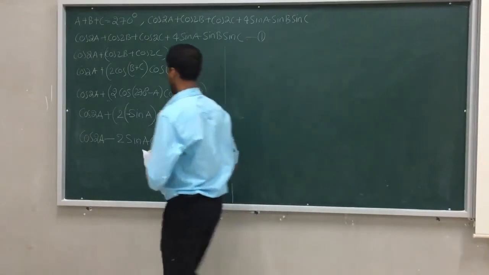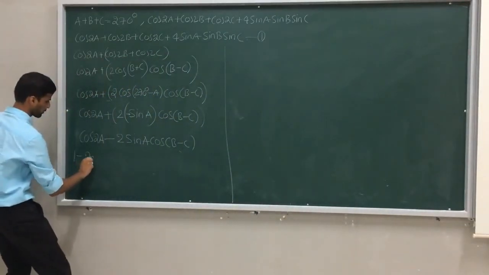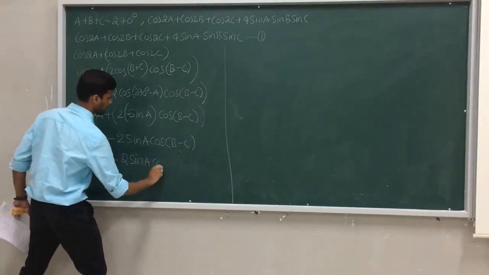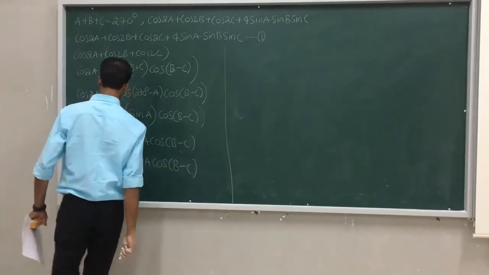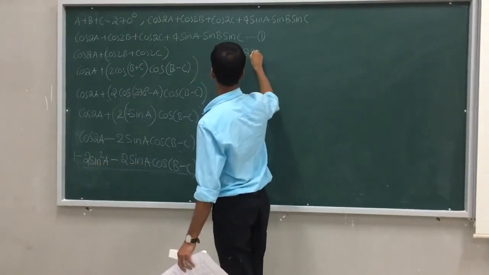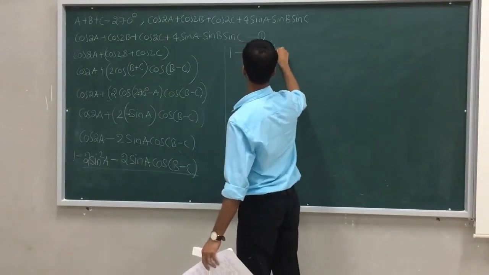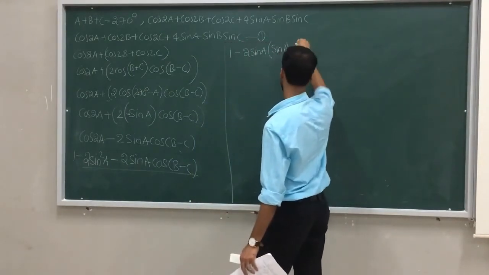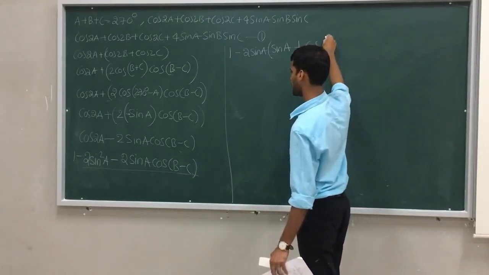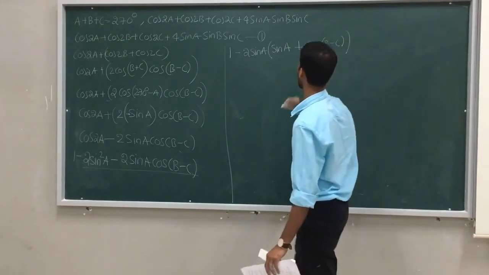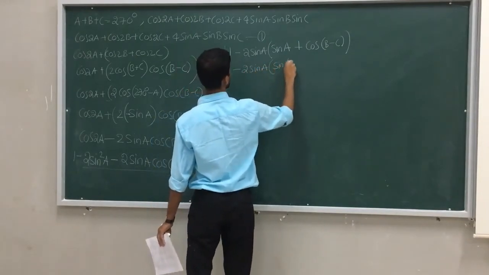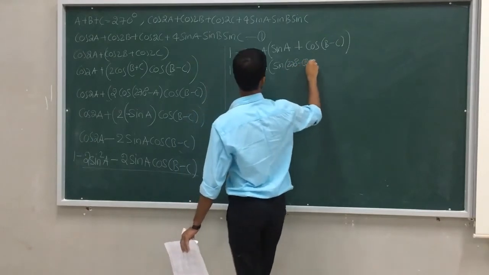So 1 minus 2 sin square A, minus 2 sin A into cos of B minus C. Now I take 2 sin A common, leaving sin A plus cos of B minus C, with the minus taken common, where sin A is 270 degrees minus (B plus C).